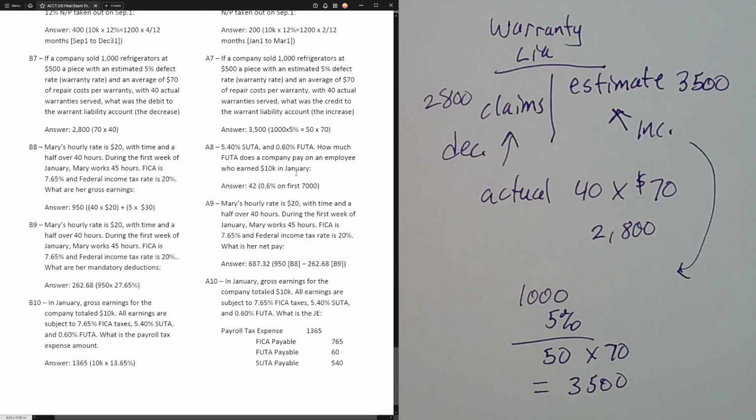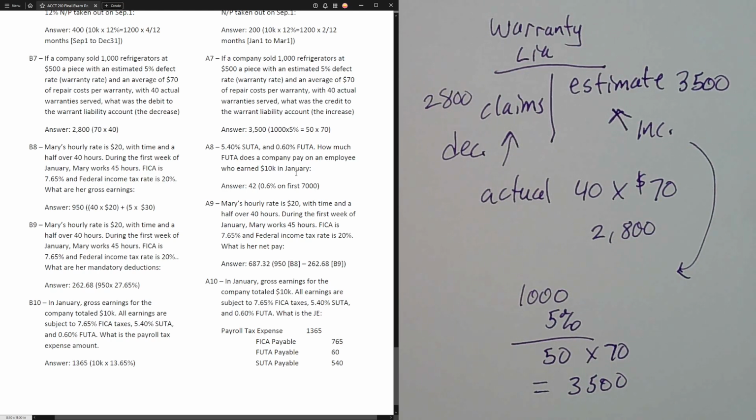So you've got the hourly rate with time and a half over 40 hours. They worked 45 hours, FICA, federal income tax, and it just asks you. So we know how to calculate the gross earnings. It's 40 times the hourly rate, plus the overtime hours times the overtime rate. That's gross earnings. The mandatory deductions are the 7.65% FICA, and all I've done is add the 20%.